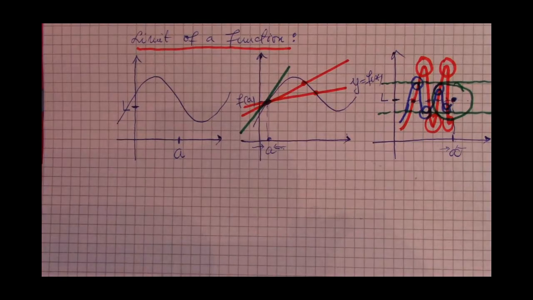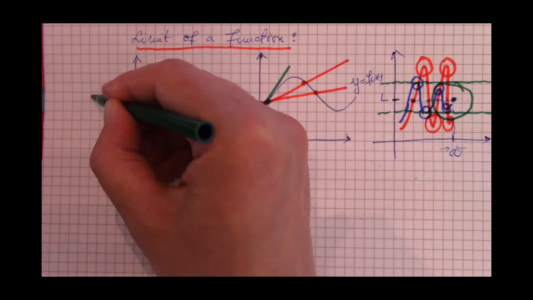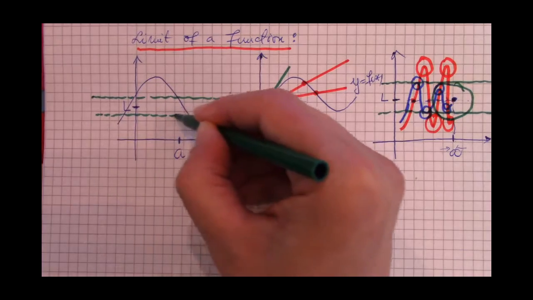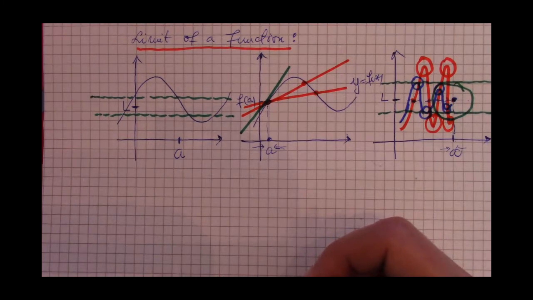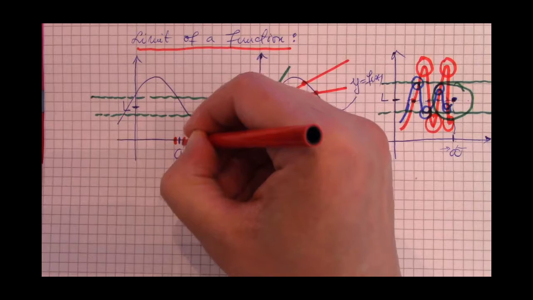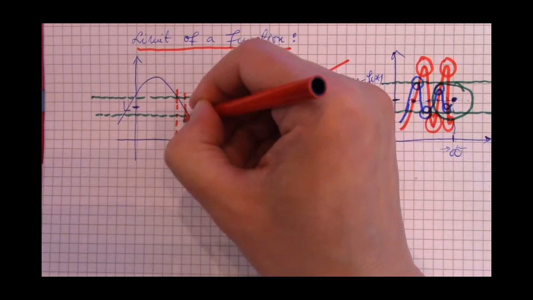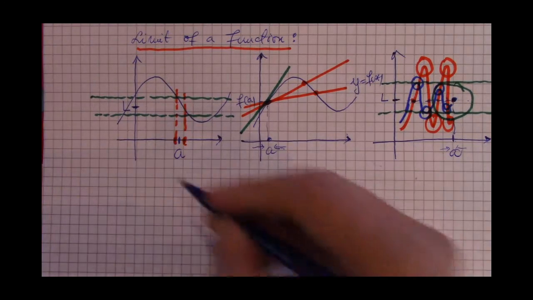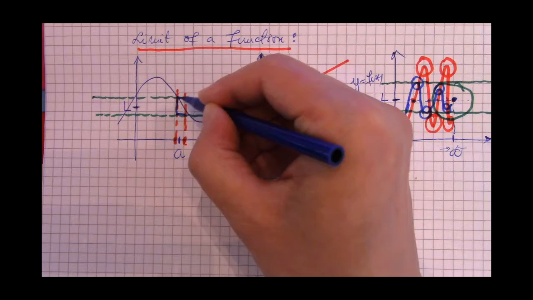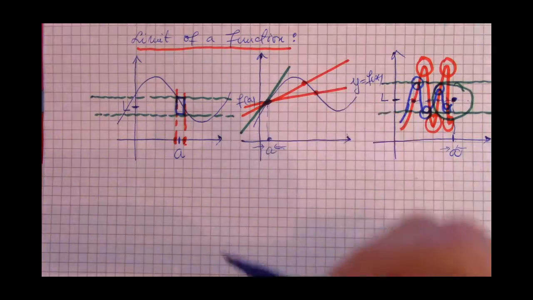So what we said during this discussion here, we said that what we want is that no matter how narrow we pick a band around L, okay, so no matter how narrow this band is, we want to be able to find a band around A, so that as soon as we are in this band around A with our point X, our function will stay in this horizontal band, okay, so that's the idea.